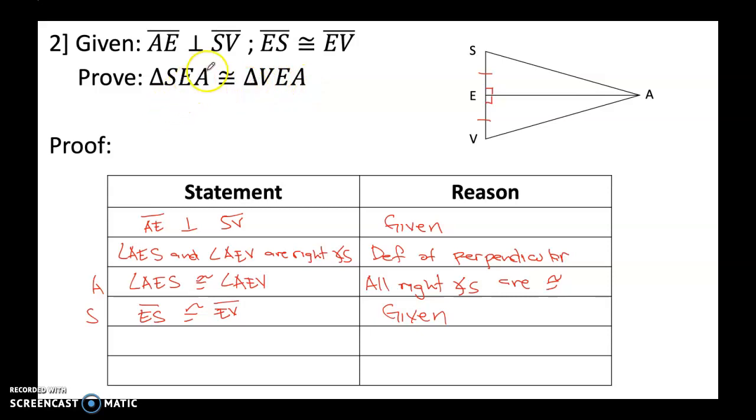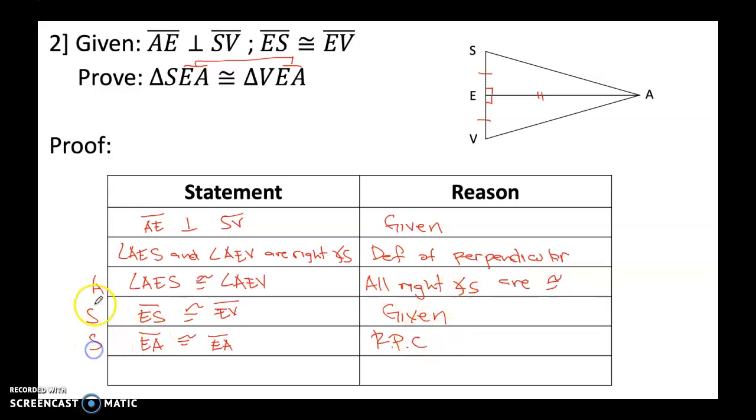We can say that segment EA is congruent to segment EA. Why? Because of the reflexive property of congruence.